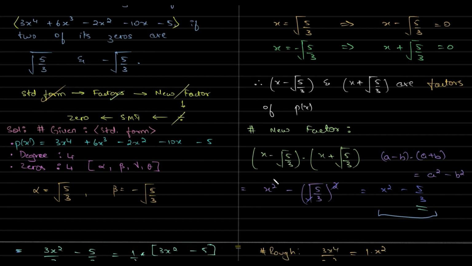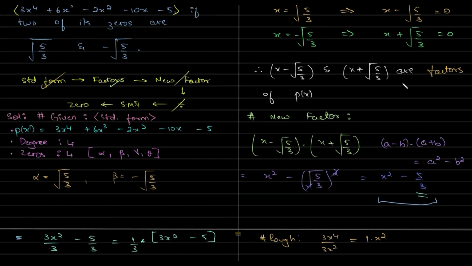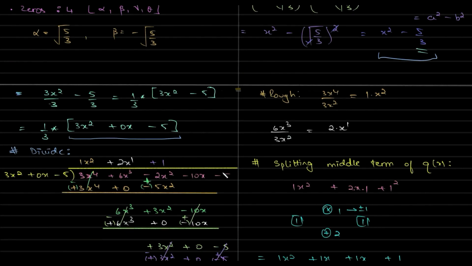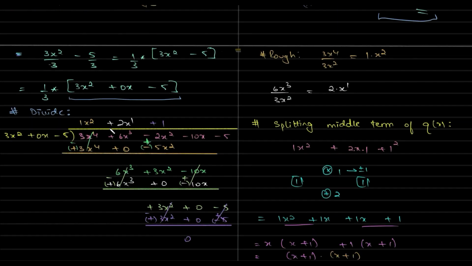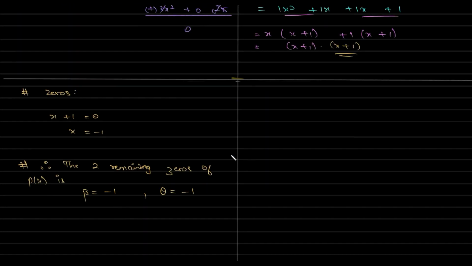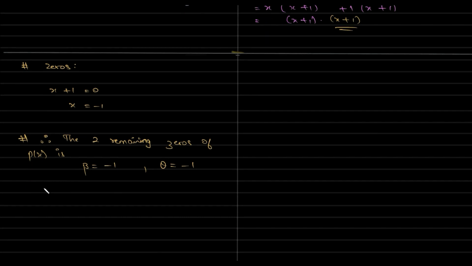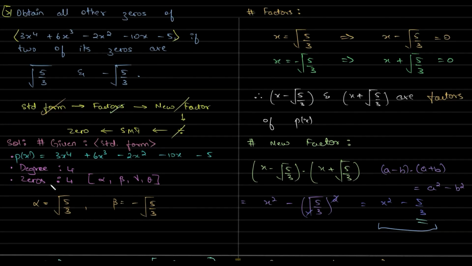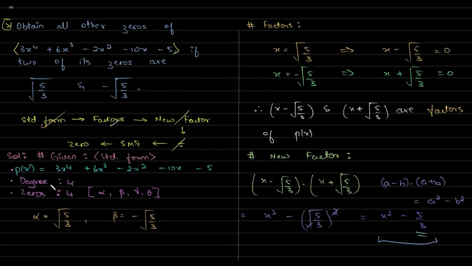So in turn, I can find a new factor by multiplying the given factors, and that expression I can use to divide and find the other unknown part of the p of x and split the middle term and find the zeros of that particular expression, which in turn gives us the zero of the main polynomial. Okay, so it's lengthy, I agree, but it's not too hard.